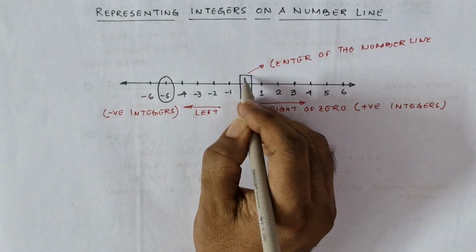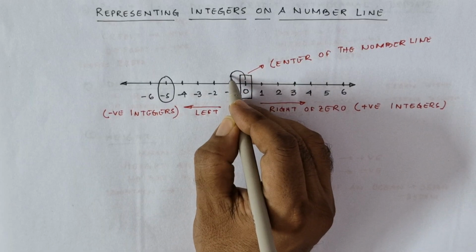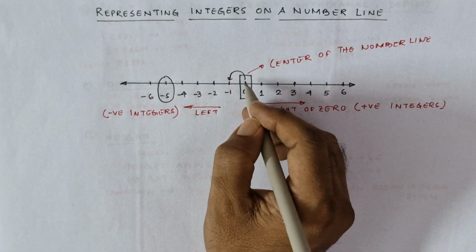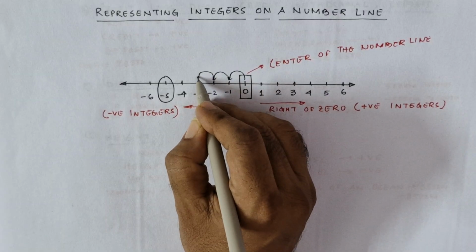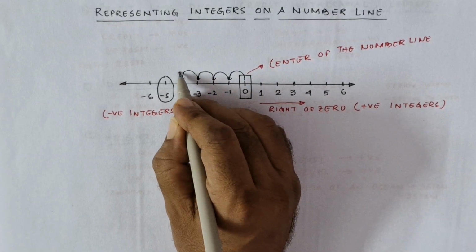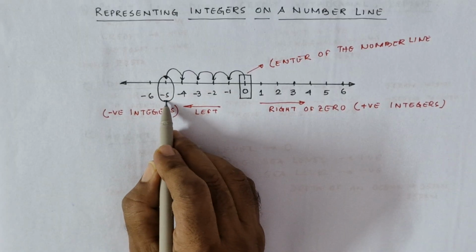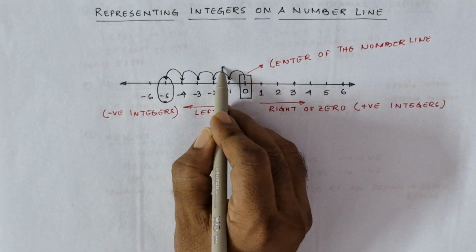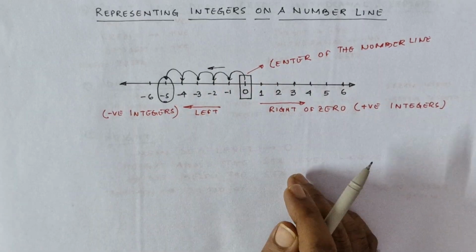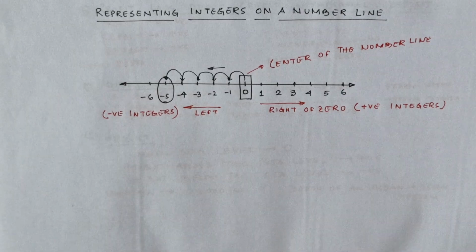You can also jump like this. From 0, you move 5 places to the left and you reach -5. This is the way that you represent integers on a number line.